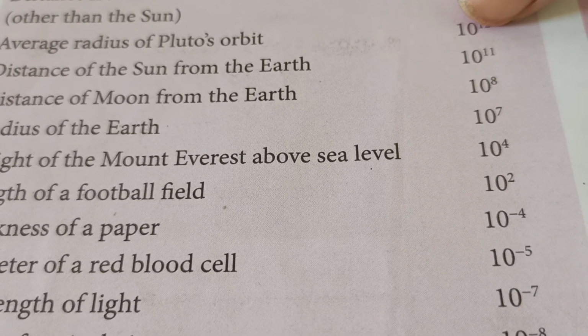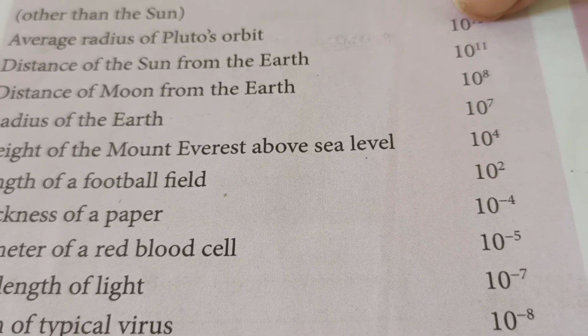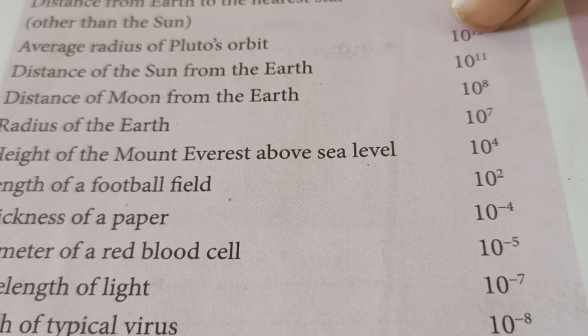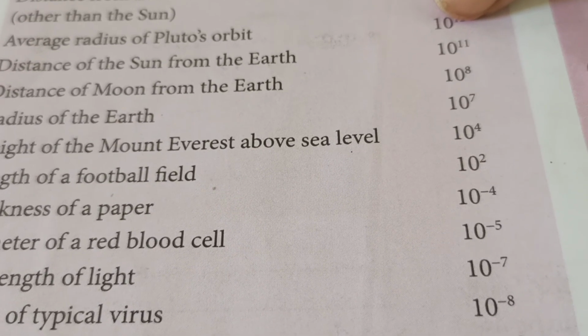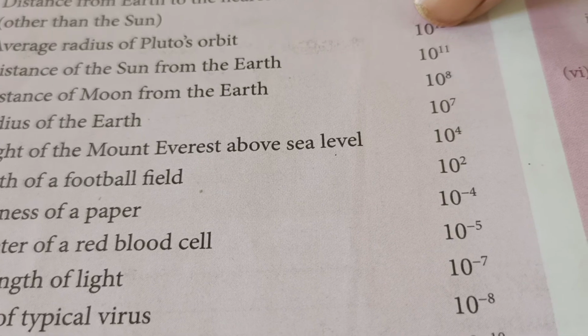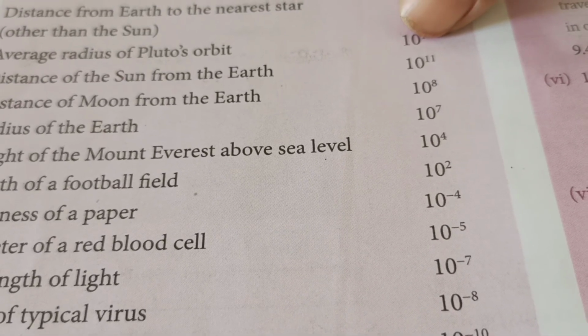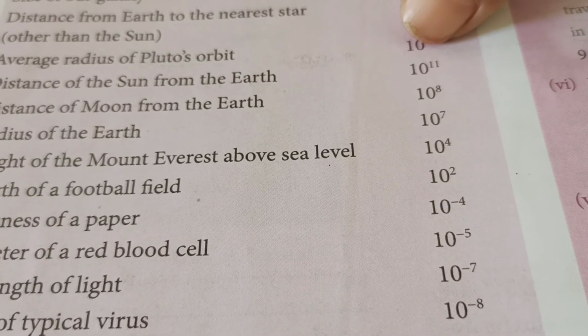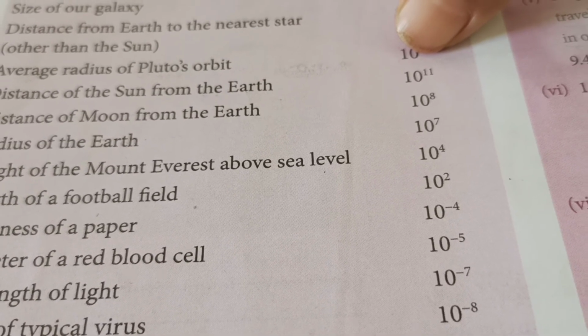Distance of moon from the earth, 10 power 8. Radius of earth, 10 power 7. Height of the mountain Everest above sea level, 10 power 4. Length of a football field, 10 power 2. Thickness of a paper, 10 power minus 4. Diameter of a red blood cell, 10 power minus 5.